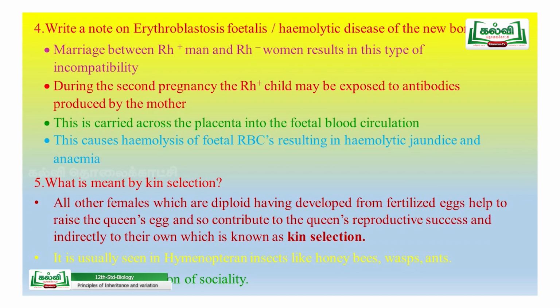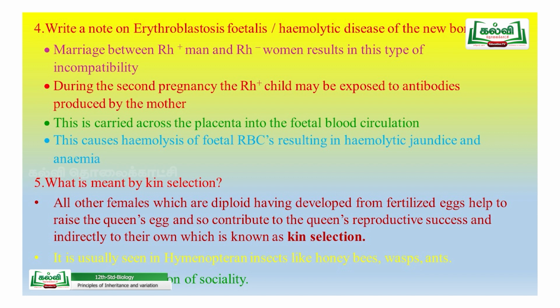And fourth question, write a note on erythroblastosis fetalis or hemolytic disease of the newborn. Both are same, so if they ask erythroblastosis or hemolytic disease of the newborn, you have to write the same. First, how does it happen? When there is a marriage between an Rh positive man and an Rh negative woman, this results in a type of incompatibility.